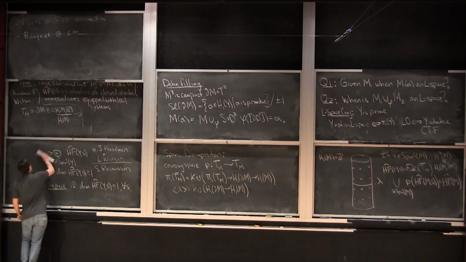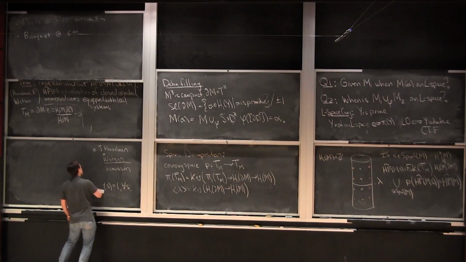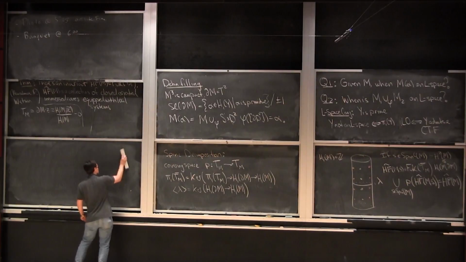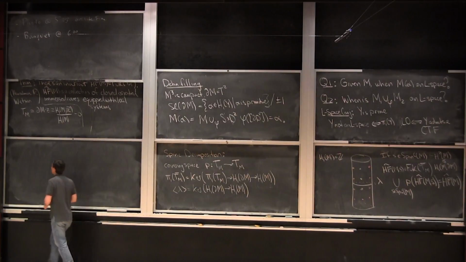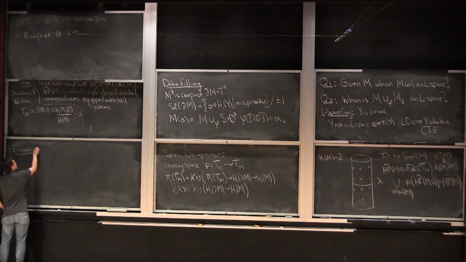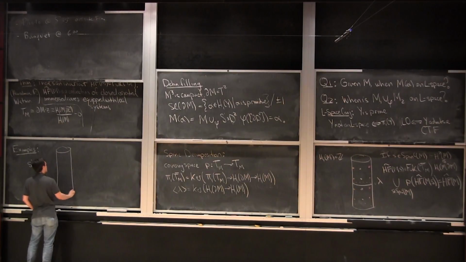So maybe at this point it would be good to have a few examples. The first example that we should do is probably S^1 times D^2. That has H_1 of M equals Z, so this cover is a cylinder like that with one row of holes down the front.